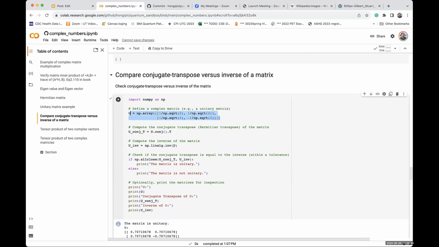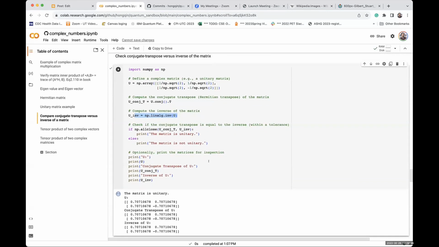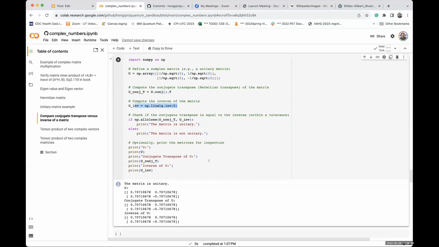So conjugate transpose and then inverse, check for inverse conjugate transpose. It is the same and it is unitary. Oh, this only works if it's a real matrix actually. But it's not necessarily the case if it's imaginary, does it?